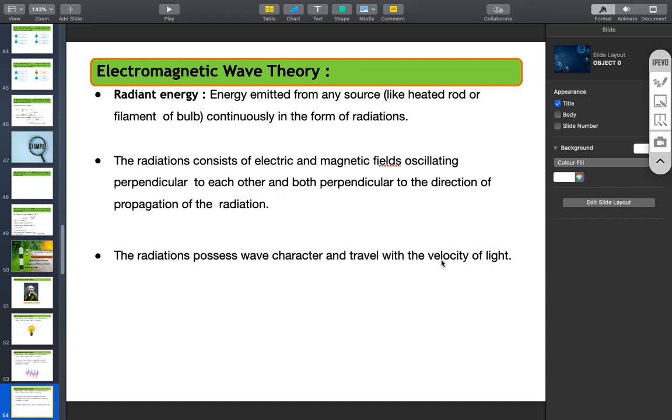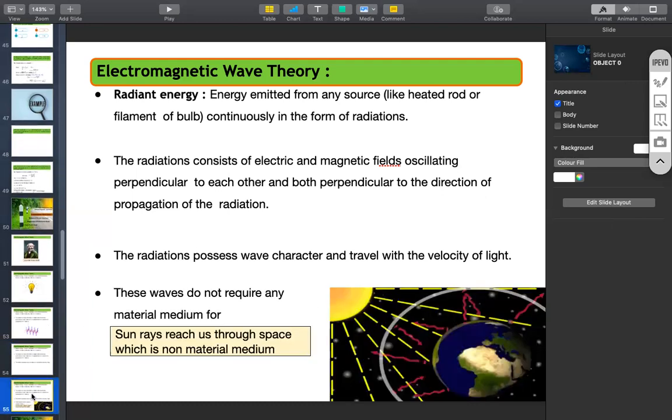Now this statement reads like radiation possesses wave character and travels with a velocity of light, the way light moves with the same velocity. It does not require any medium.